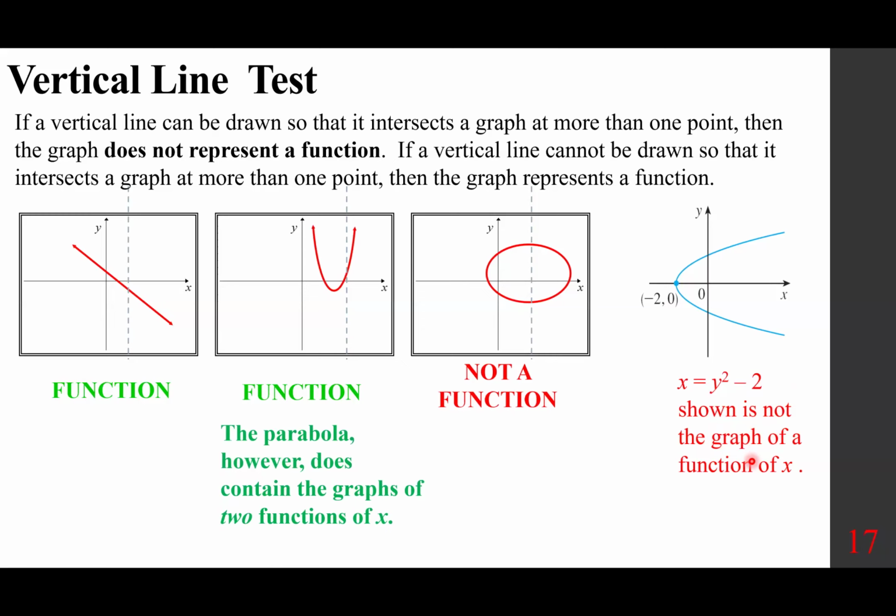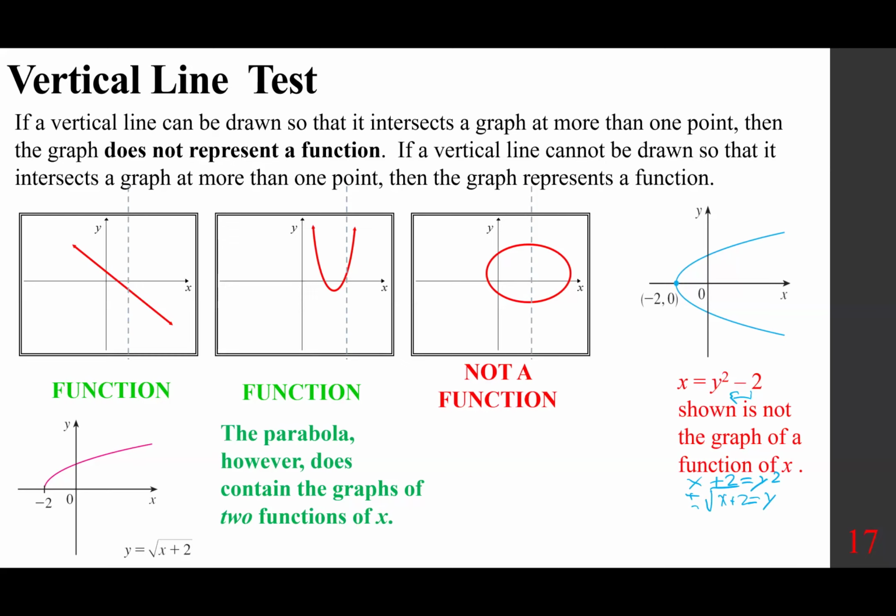The parabola in this case, however, does contain the graph of 2 functions of x. We're talking about this one. If you cut it into 2 pieces, the top piece and the bottom piece, class. The top piece, if you solve for y, let me show you. If you solve for y, x plus 2 equals y squared, and then y is plus minus the square root of x plus 2.